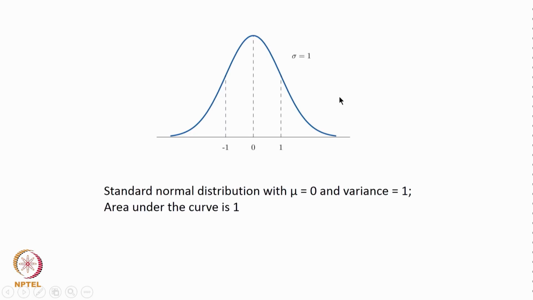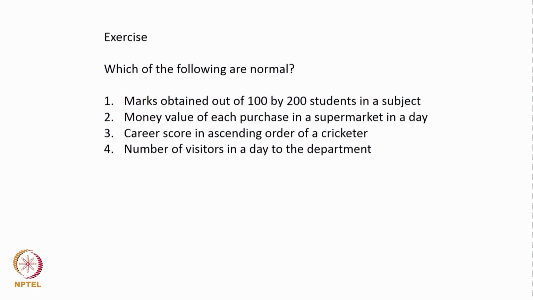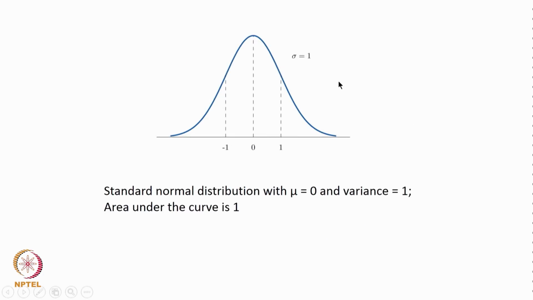So, we will look at all these factors and try to answer these questions. Marks obtained out of 100 by 200 students in a subject. Generally, we could look at this as a normal distribution, although there are some interesting reasons why we need not, because we just saw that if we assume the mark to be normal, it can take a very large value or a very small value as well.